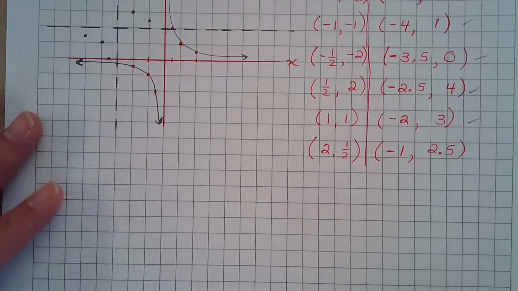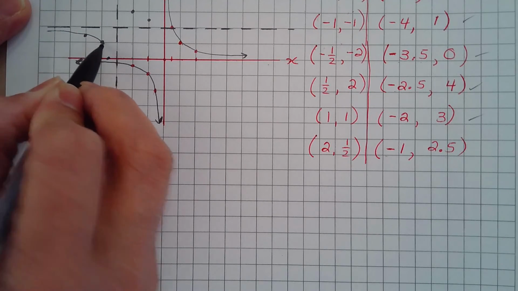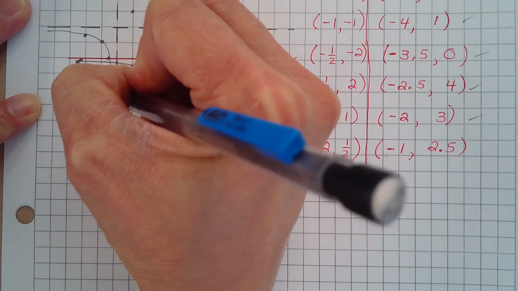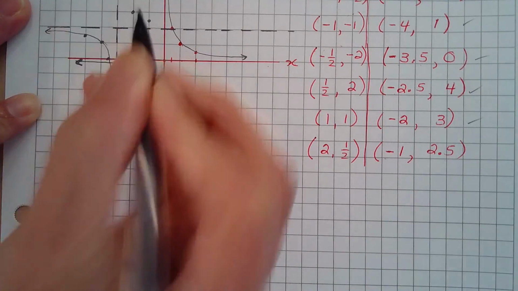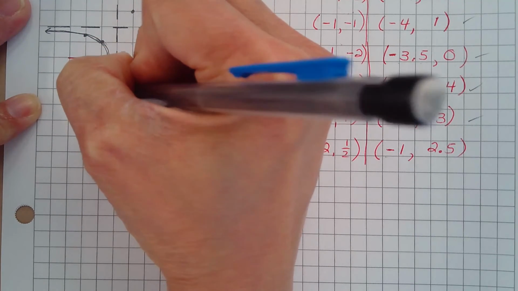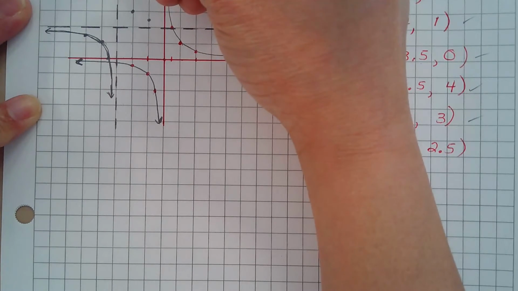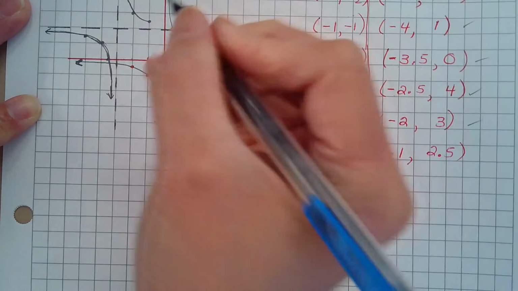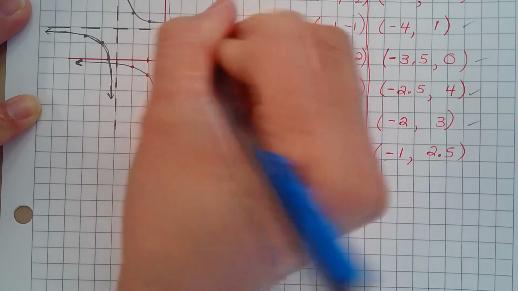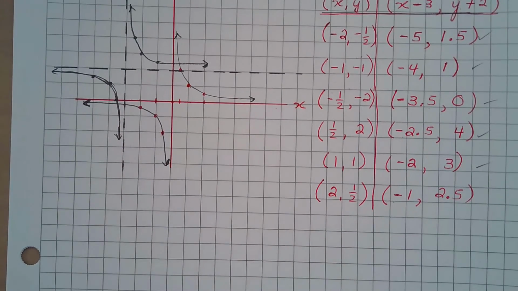So where's the new image graph? The new image graph is now right here. Just as what we expected it to be. Right? And we have to be careful not to cross or touch the asymptote here. Is everybody okay? So we graphed two graphs.